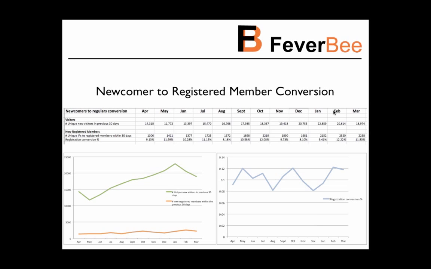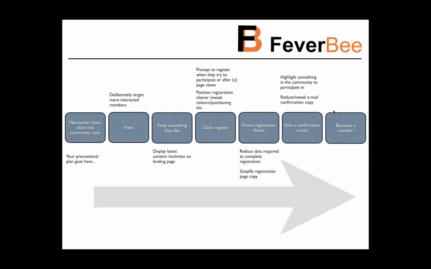So what you're seeing in this community, for example, in the bottom left, is that even though they're being quite successful in getting more people to visit the platform for the first time, they're not doing a very good job of getting new people to register to join the community. And this is why it's important, because you have to balance all of this. It's very easy to go on a big promotional campaign and get a lot of people to join that platform for the first time, but you also need to convert them into registered members of the community.